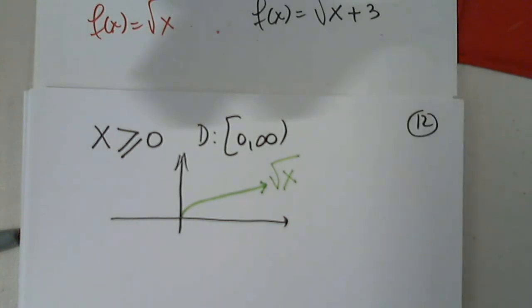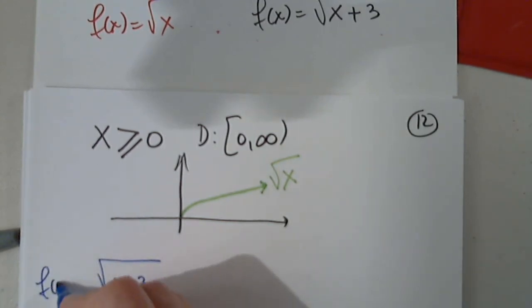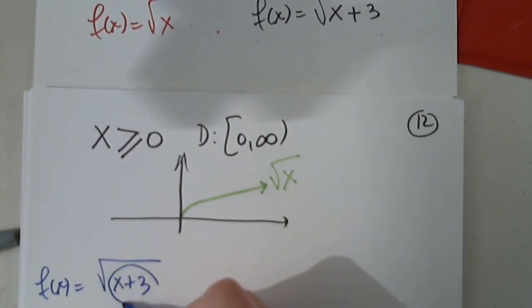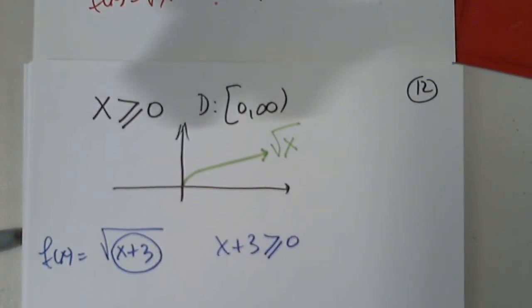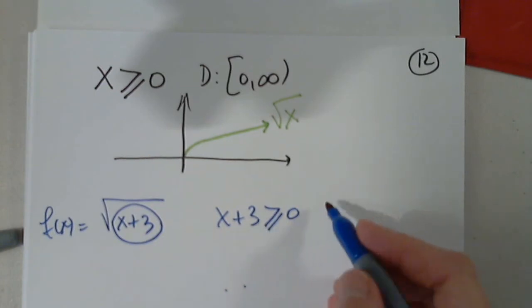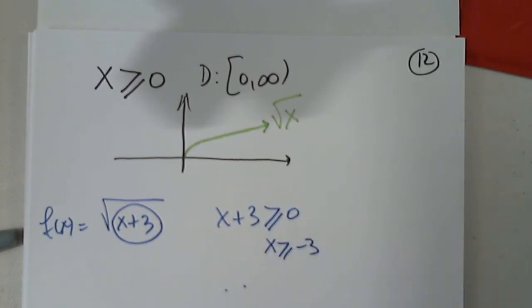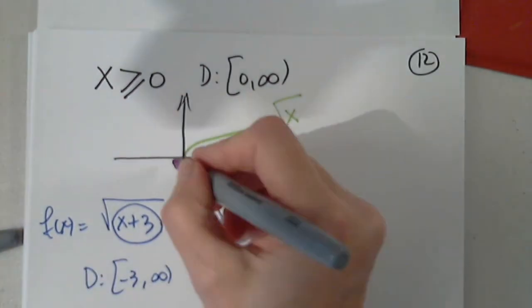So this is the square root of x. Now for this function, for the square root of x plus 3, I have to write that this quantity is greater than or equal to 0 now. And I move 3. So then the domain of this function is negative 3 to infinity, as I expected, because the graph shifts to the left 3. And here it is.